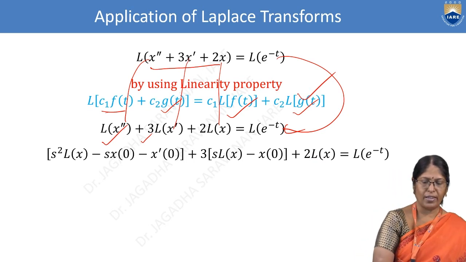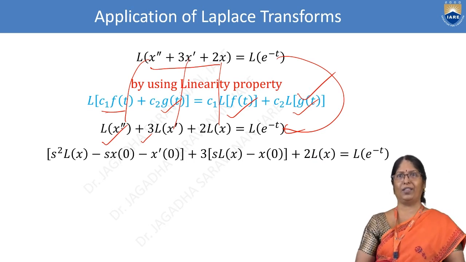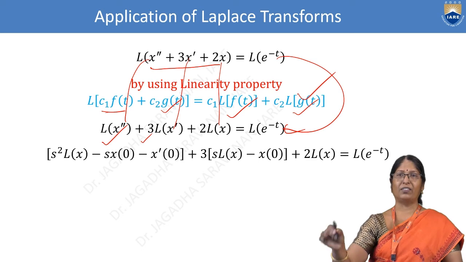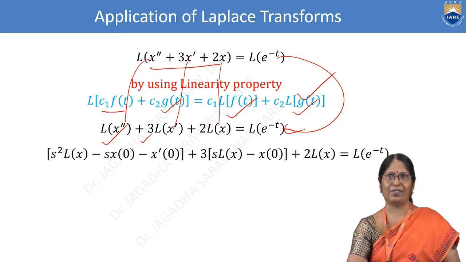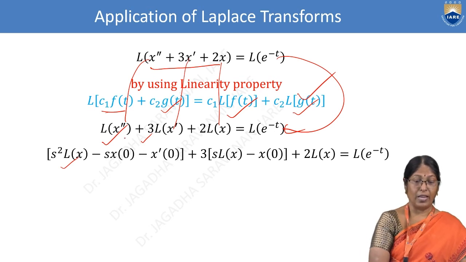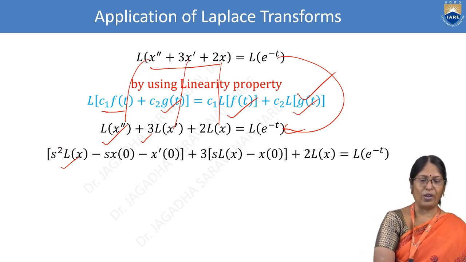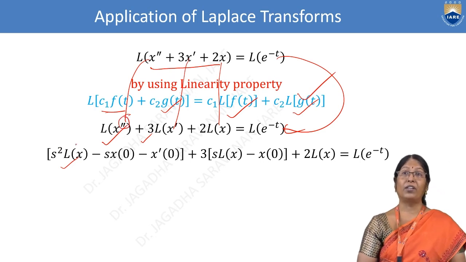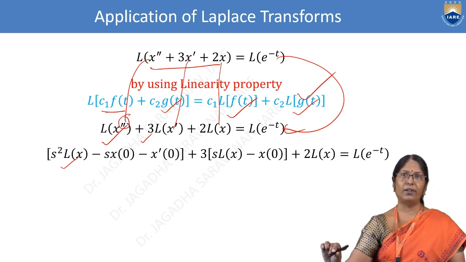Now here x double dash is there, that means we start with s square: s square into L of x. Why did we select square? Because it is the second derivative, x double dash.